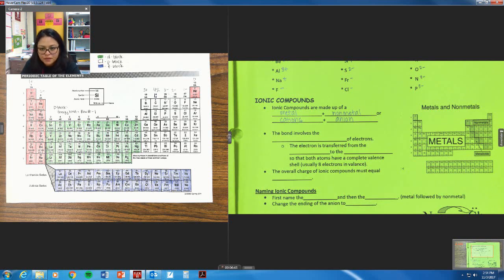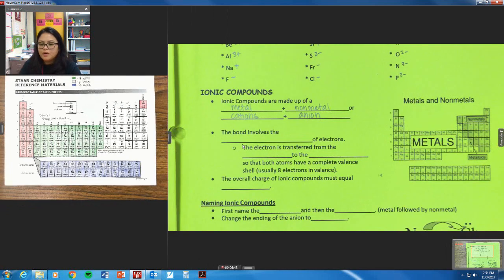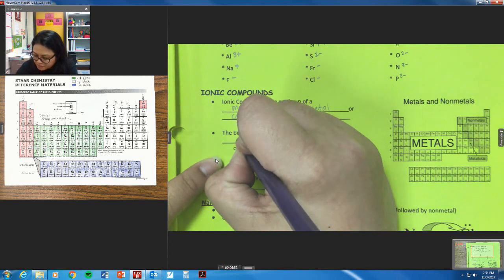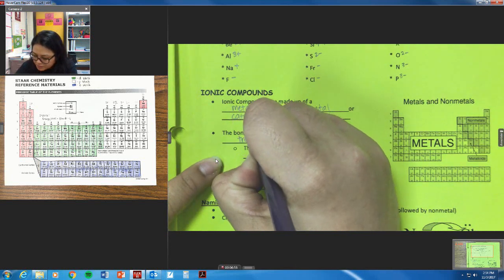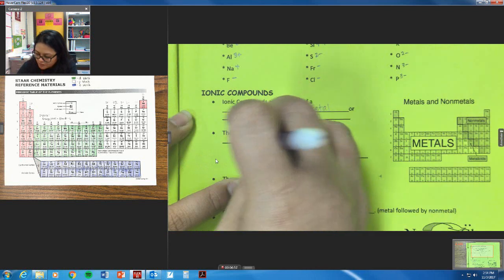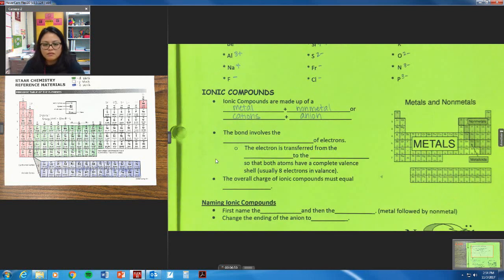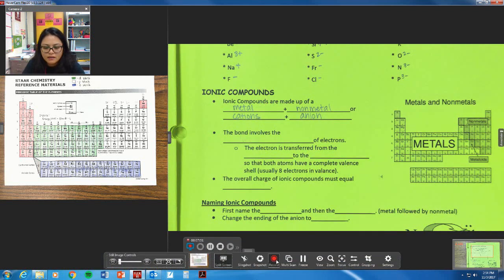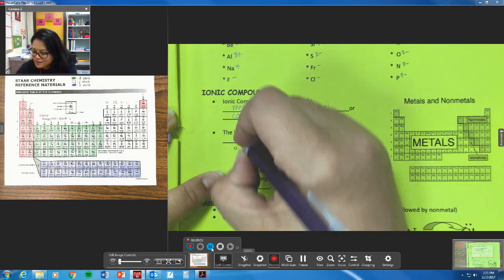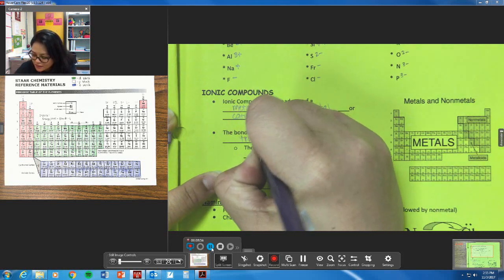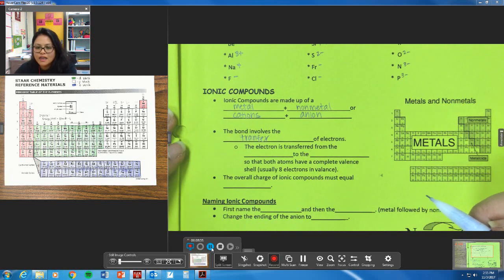So the bond involves the transfer of electrons.